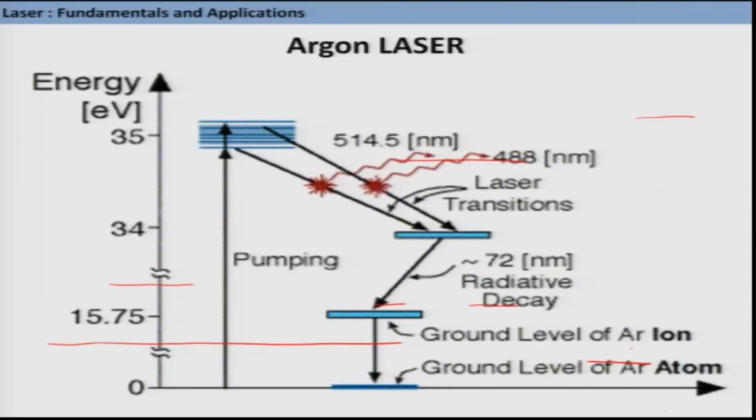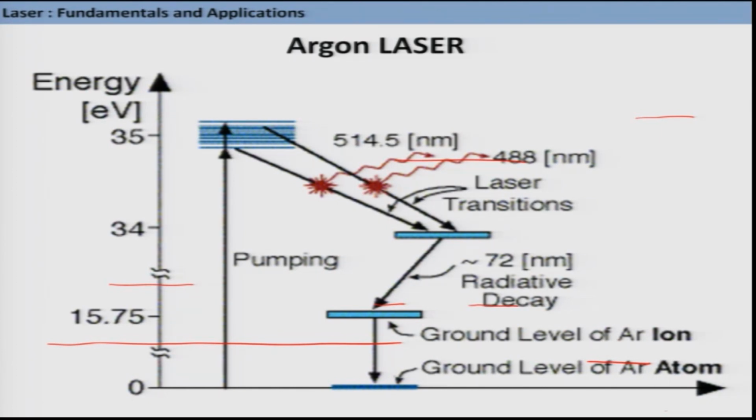So here is the energy level diagram. So you know how it is done. You first ionize the argon system, and then you play with the energy levels of the argon ion system, and the argon ion system has a ground state here. And you have a population inversion created here essentially.